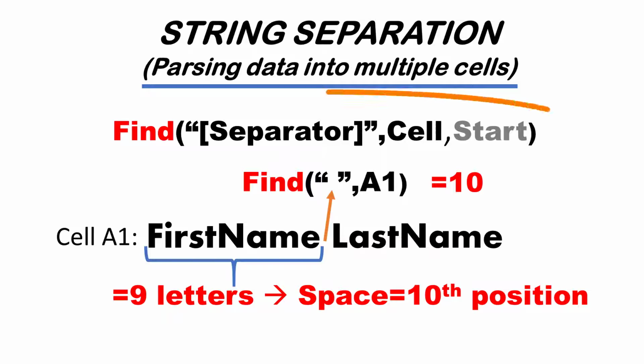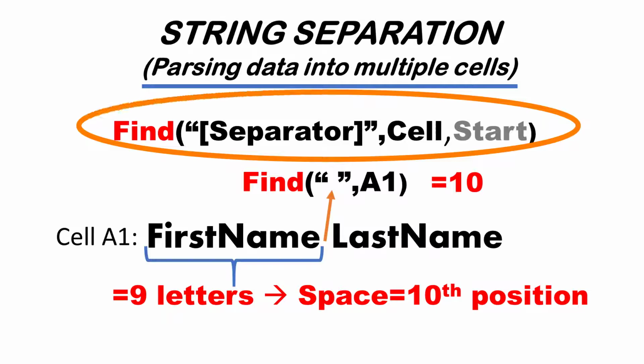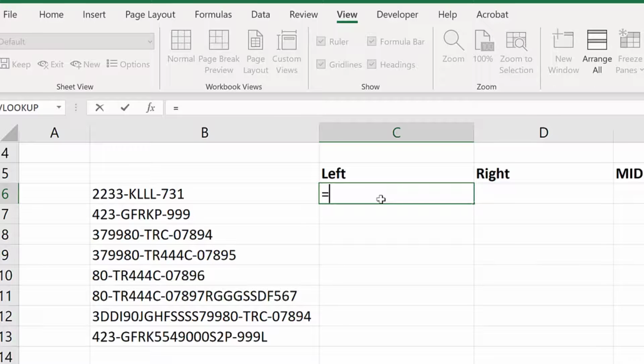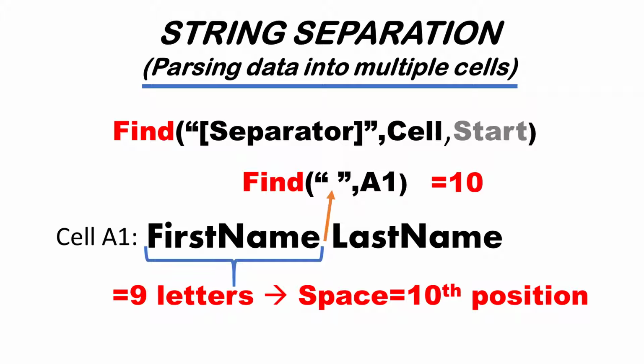The find function uses 2 required and 1 optional argument. The find function allows you to extract parts of strings from a list whose character lengths are variable from one record to another, so that you can copy the same formula down to the last record. The format is find followed by the specific character that is your separator character.